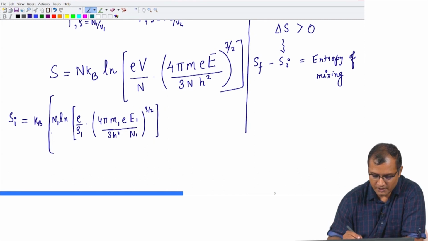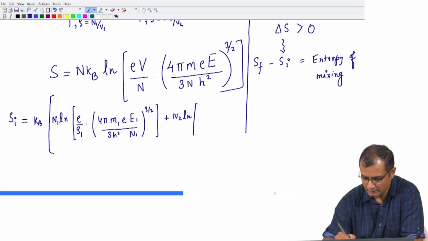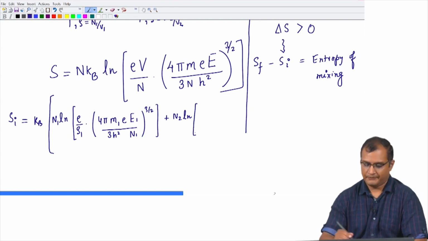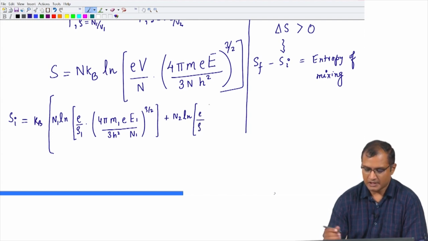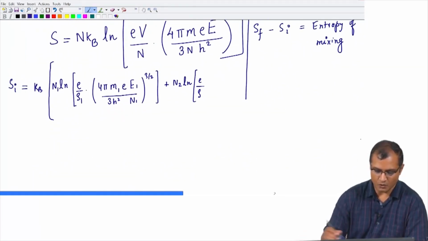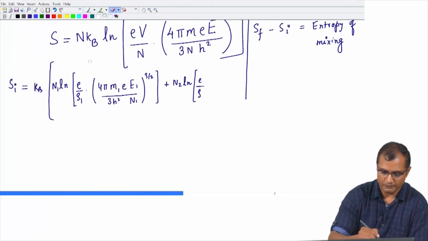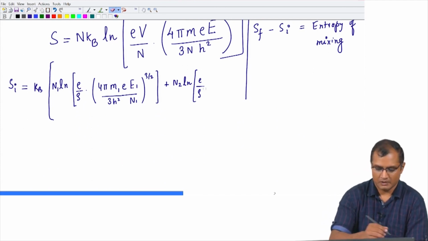So, for the initial entropy I am taking the sum of A and B, plus I am going to write down the entropy of the second, which is N2 ln e by, and since the densities are the same, I am going to write down just rho, okay, because rho 1 and rho 2 are just rho.